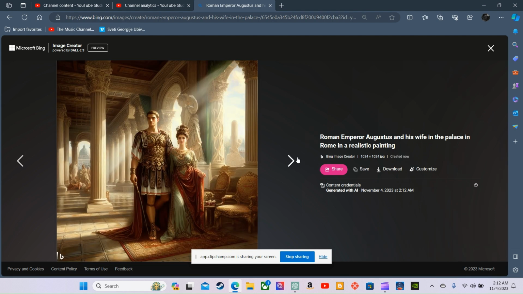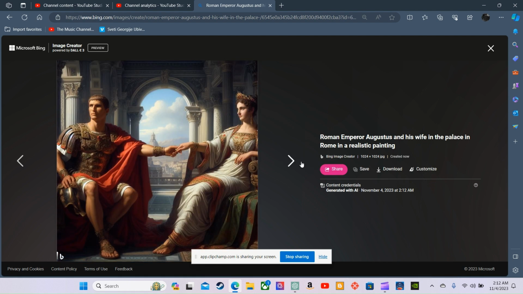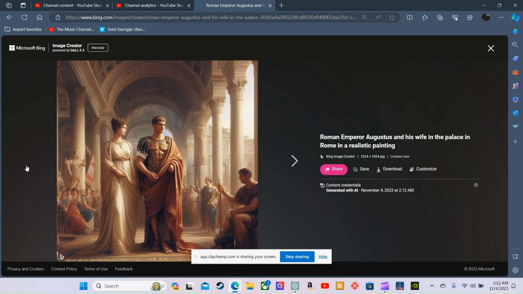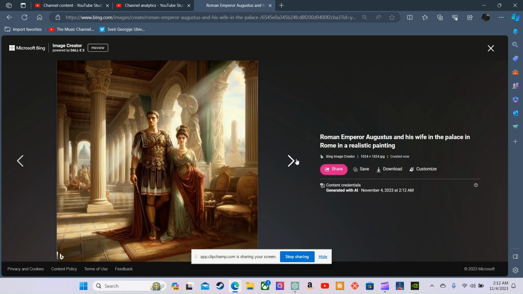So, yes, these are better. These are kind of maybe what Augustus may have commissioned if they had this kind of style of painting at the time. But it still has this 19th century feel, before Monet, before Picasso.